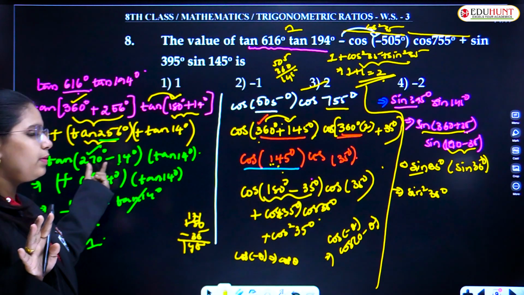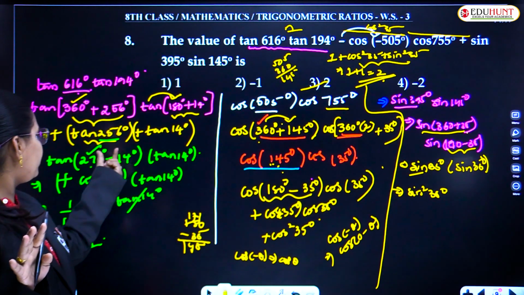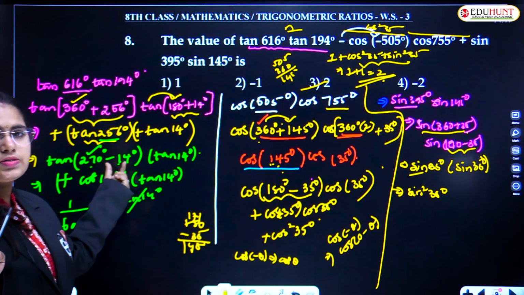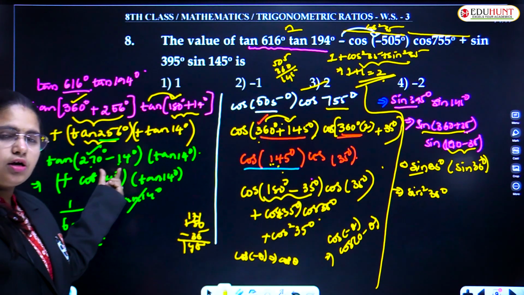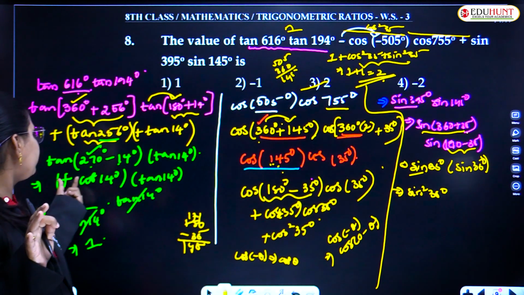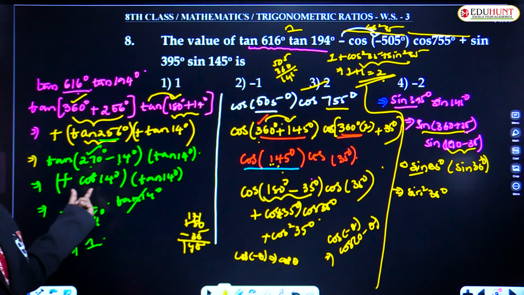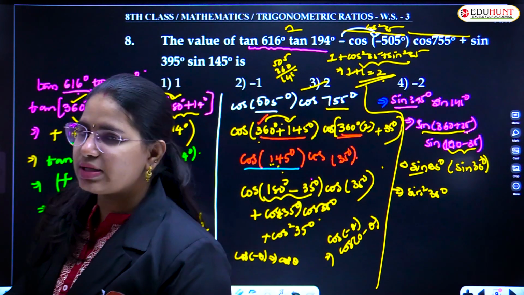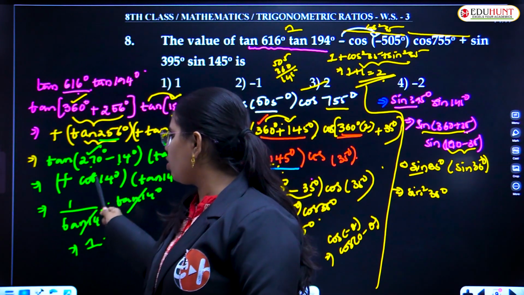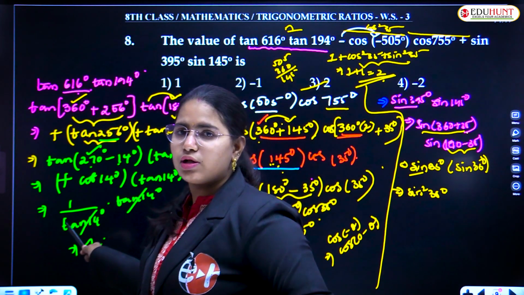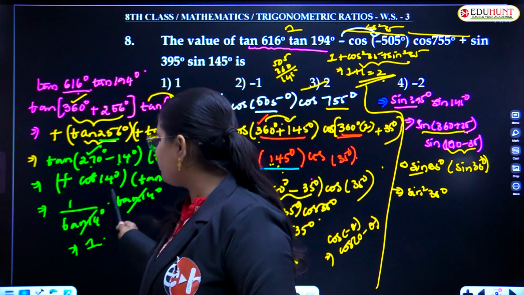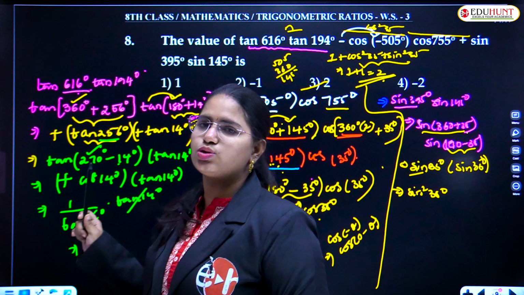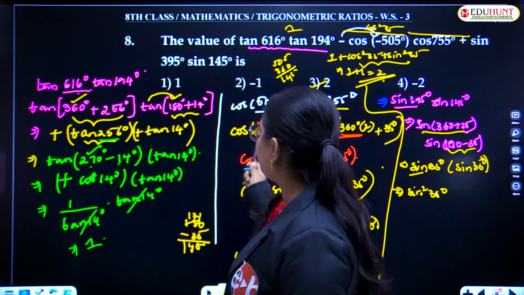With the help of allied angles, 270 minus 14, which lies in the third quadrant. In third, tan is positive. As it is an odd multiple of 90, 270 can be expressed as cot 14. Cot is the reciprocal function of tan, so 1 by tan 14 into tan 14 is equal to 1. Let's get back to the next one.